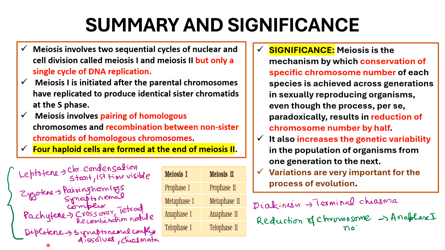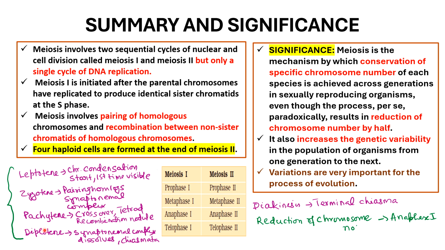Important characteristics of prophase stages: in leptotene, chromosome condensation starts and chromosomes become visible for the first time. In zygotene, synapsis takes place, a synaptonemal complex forms, and pairing of the homologous chromosomes takes place. Tetrad formation initiates in zygotene but is observed in pachytene.